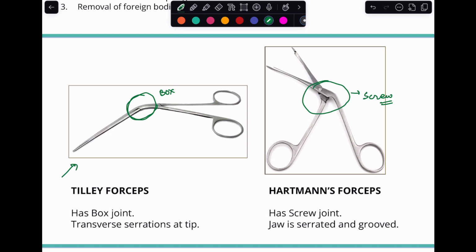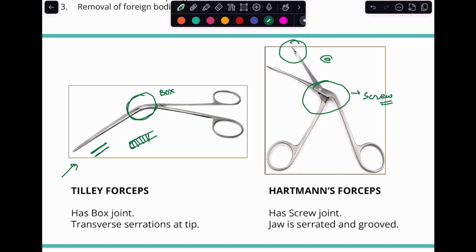Second is, let's look at the tip of the instrument. If we look at the tip of the Tilly's forceps, we can see that they are flat surfaces. And as I mentioned before, if this is the surface, they actually have transverse serrations in it. Whereas for Hartmann's forceps, let's look at the image over here, we can see that the jaw is serrated and grooved.